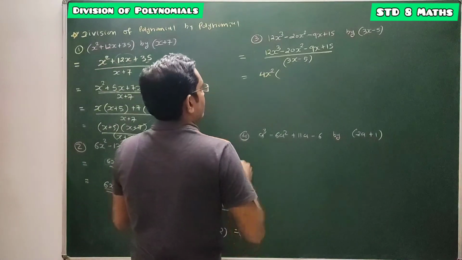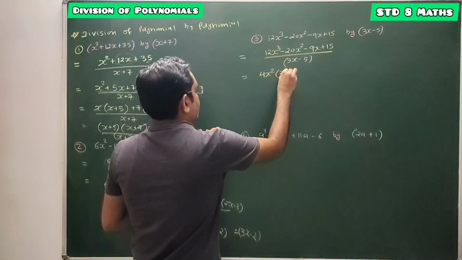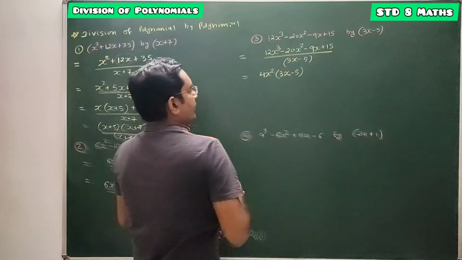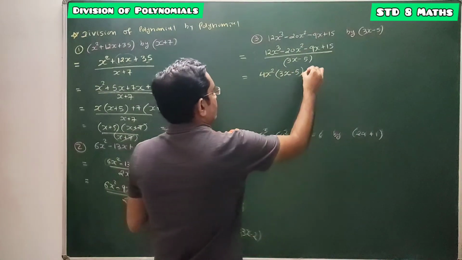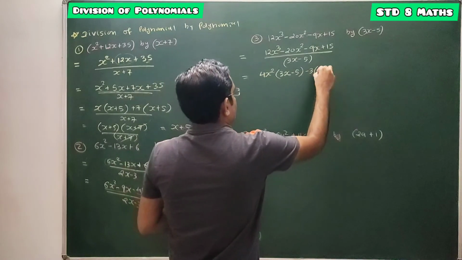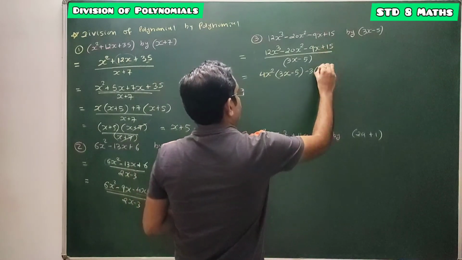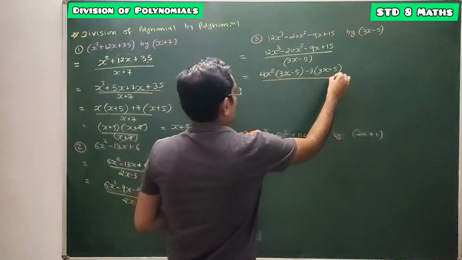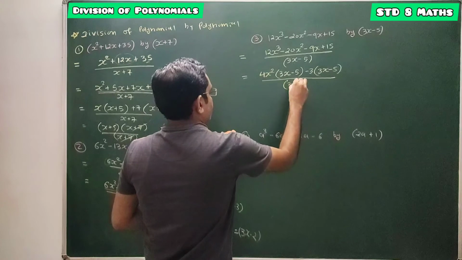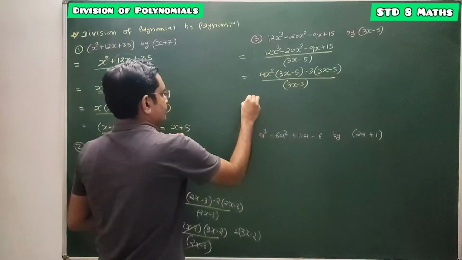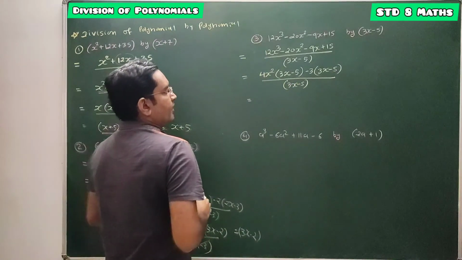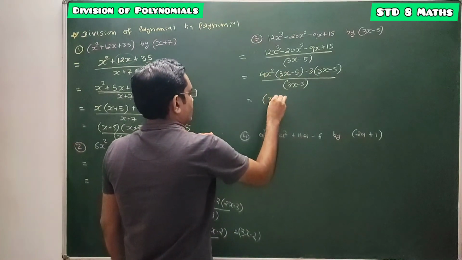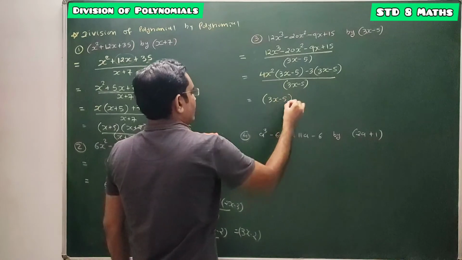Remaining terms are 4 threes are 12, 3x, and 4 fives are 20, so 3x minus 5. And from the last two terms we can take minus 3 common. So 3 threes are 9, 3x minus 5 whole, divided by 3x minus 5. Again from the numerator we can take 3x minus 5 common.